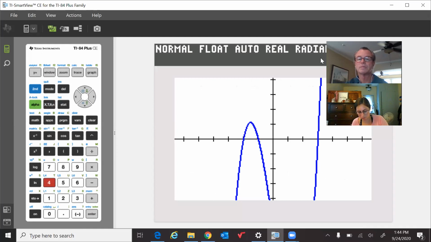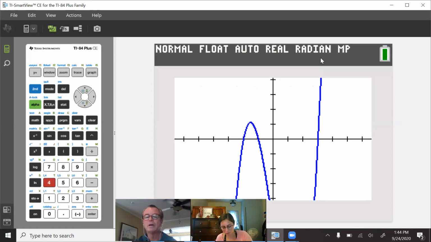And I get this. And I can see that this cubic, the numerator only, is crossing the x-axis at -2, -1, and +3.